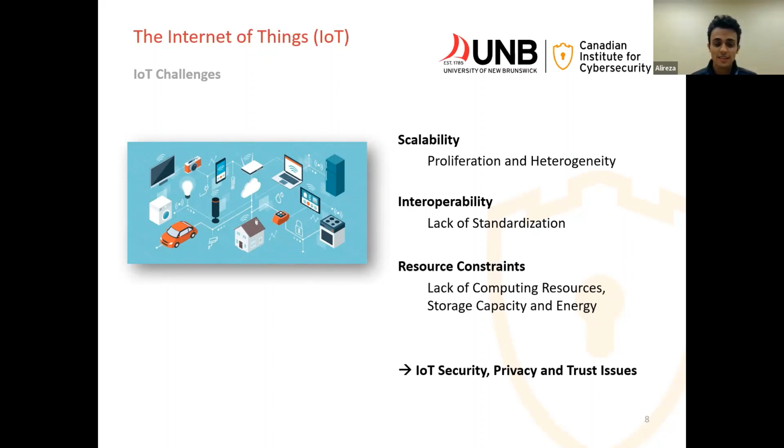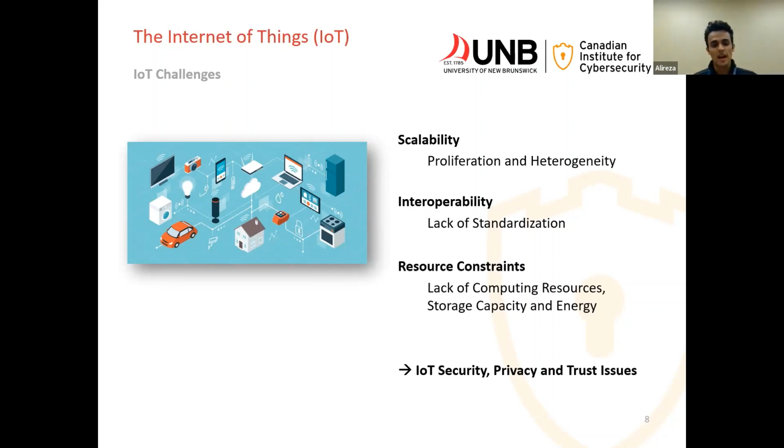So the next major challenge is interoperability, which is basically based on the lack of standardization. Some devices speak some language, other devices speak another language, another protocol. These devices cannot interoperate with each other, which makes lots of problems inside the network. Then we have resource constraints.